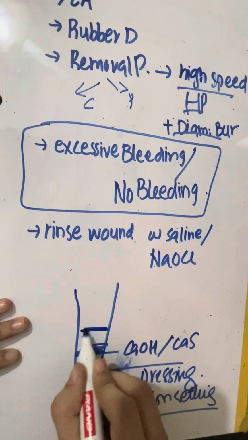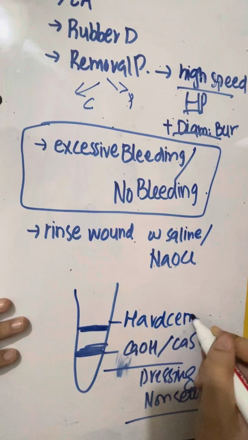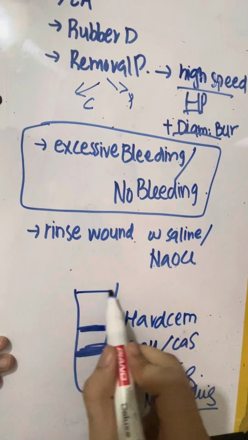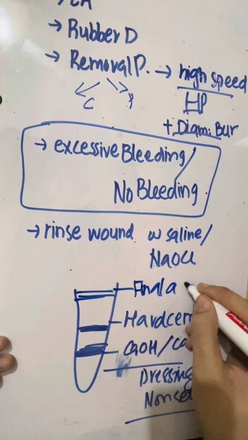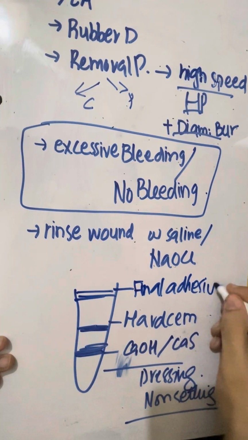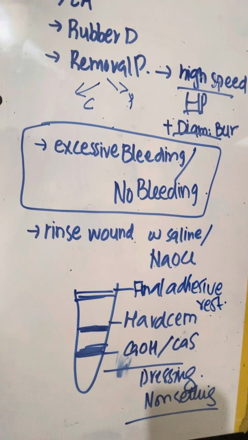Then we will go for hard cement. And after that we will go for final adhesive restoration to seal it properly. First we will go for non-setting calcium hydroxide, then we will go for hard cement, and then we will go for final restoration which will seal it properly.